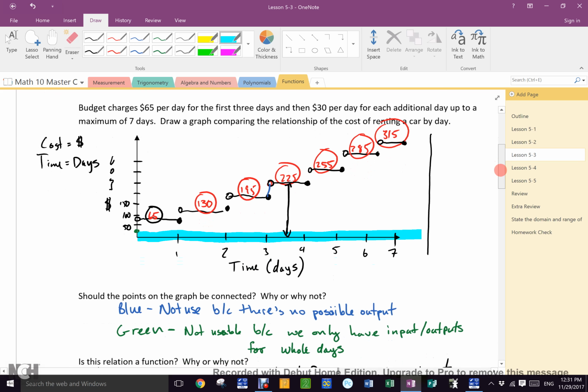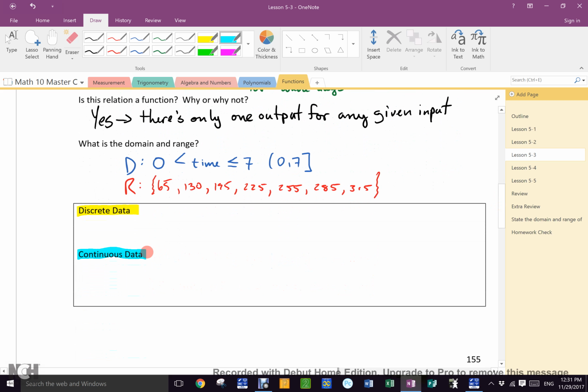Okay. So what that means is continuous data: there is an output for any given input that is part of the domain.